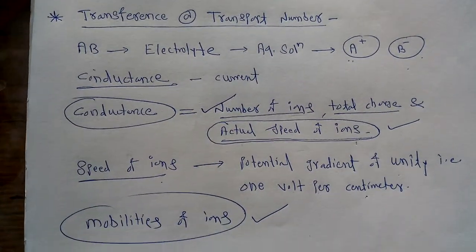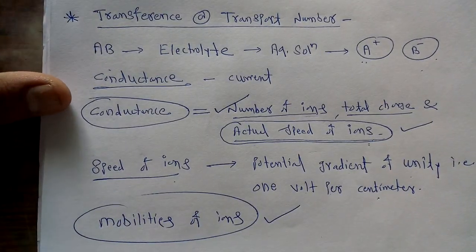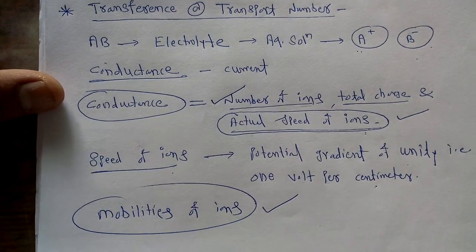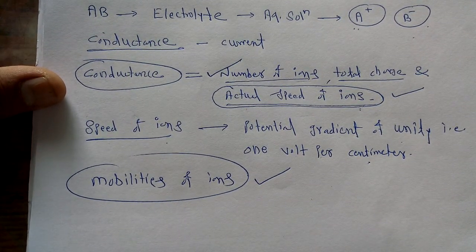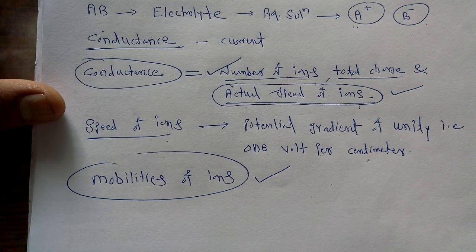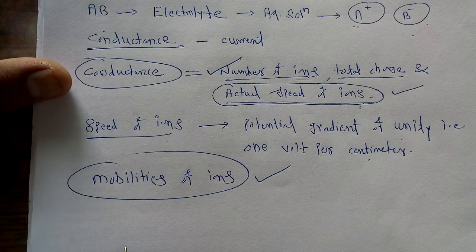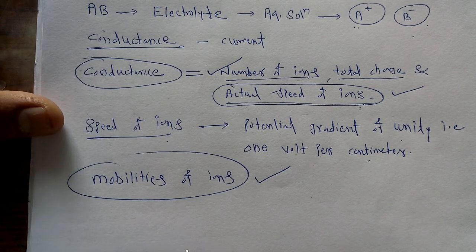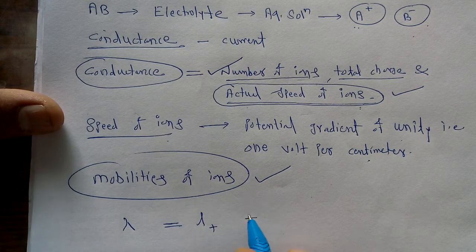Now, as far as these ionic mobilities, or absolute velocities of the ions, are concerned, if we consider the equivalent conductance of the ions present in a particular electrolytic solution, it may be correlated with the speed or absolute velocity of these ions.